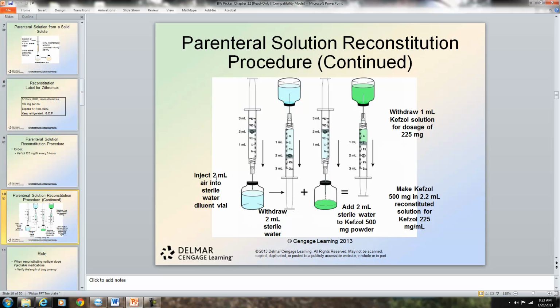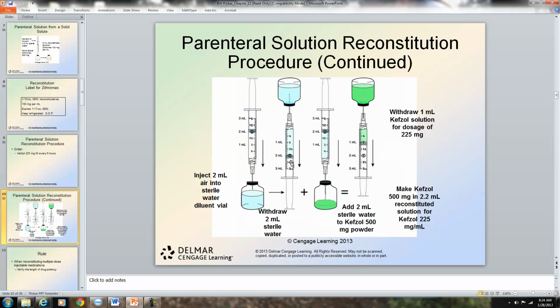If you inject 2 milliliters of air into the sterile water dilute, then you will be able to withdraw 2 milliliters of solution.